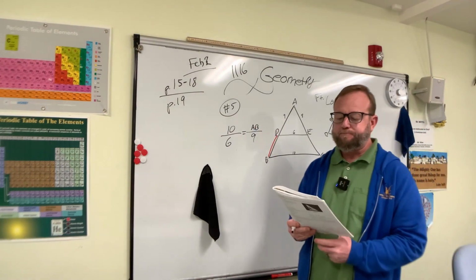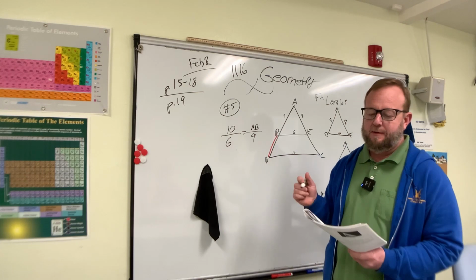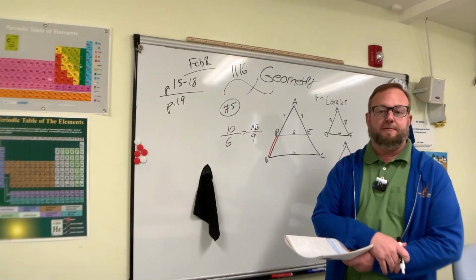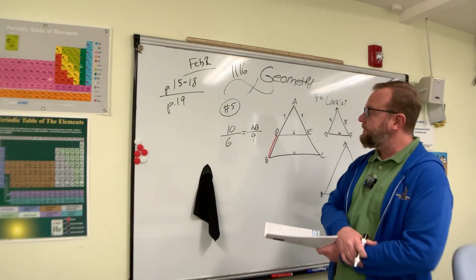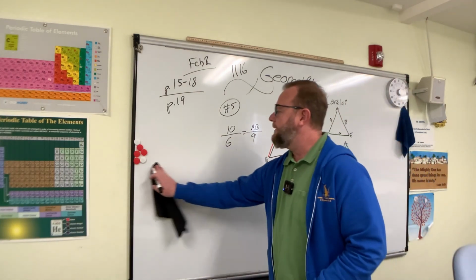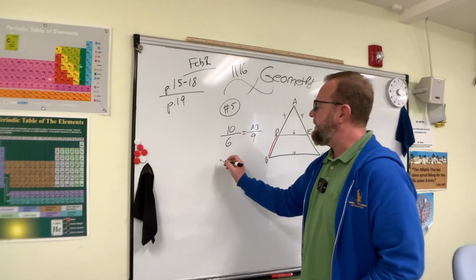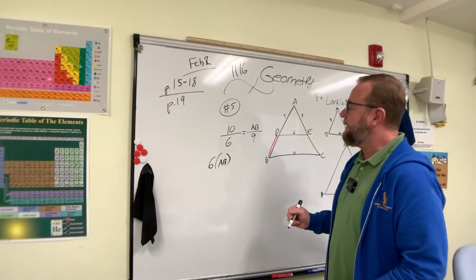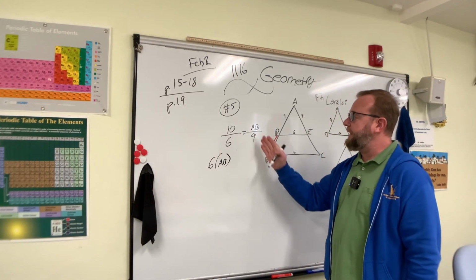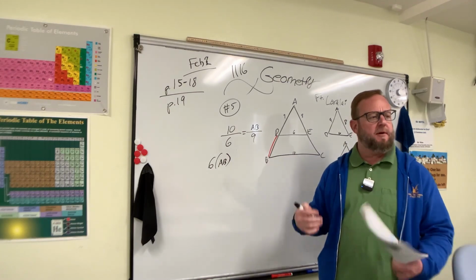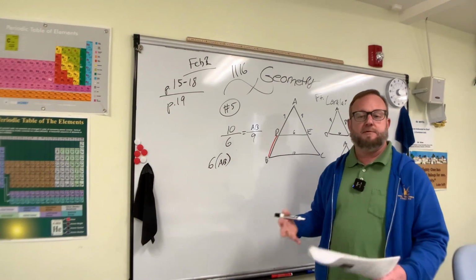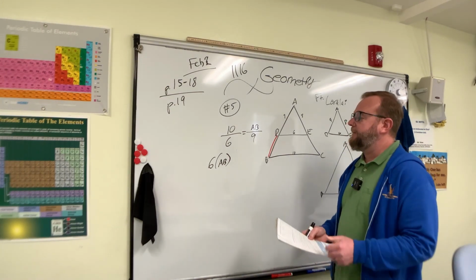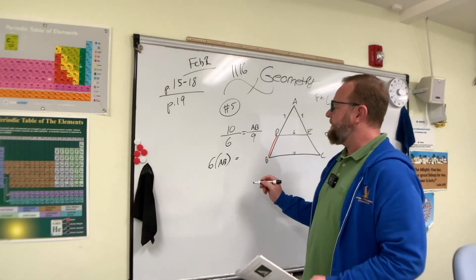Now, we got to solve it. Are you able to do that? I would just leave the AB in there, 6 times AB, just so we remember. But AB, you could substitute some other letter for that, X, Y, something else, as long as you know what you're finding.